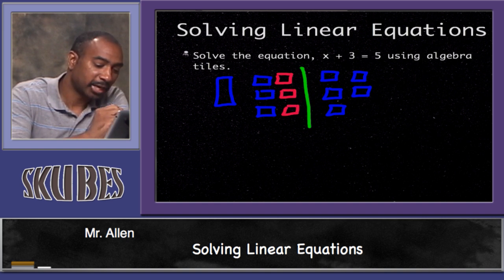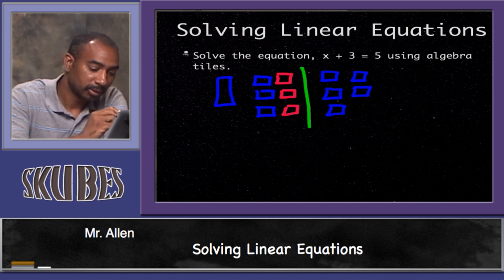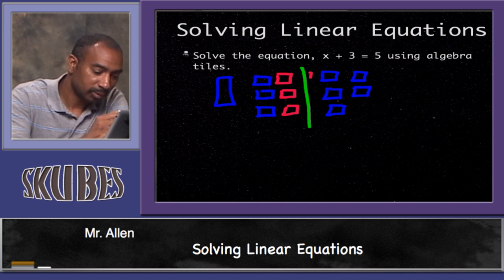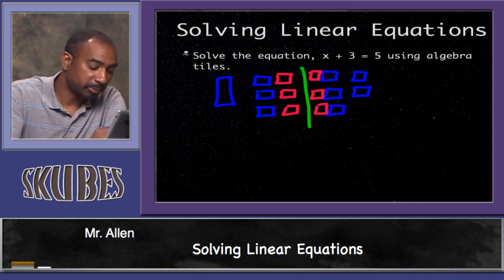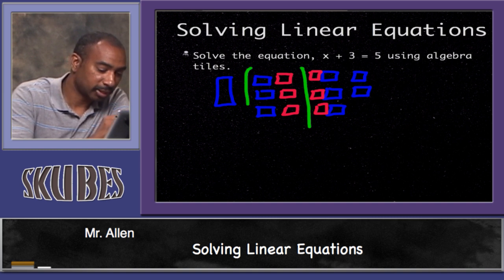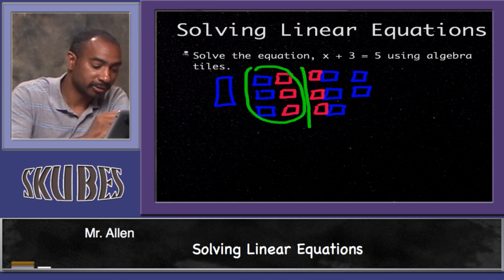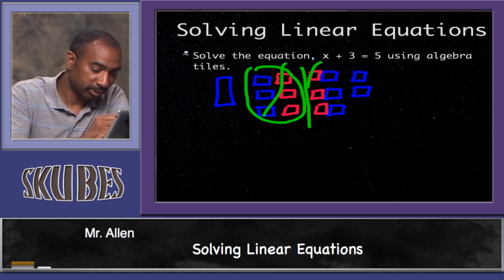But now you have to keep this balance. What I do to one side, I have to do to the other side. So I'm going to add 3 of these over here. And remember, these form 0 pairs. So that means I can cancel these out. It goes away because a negative and a positive is 0. And I can get rid of these.